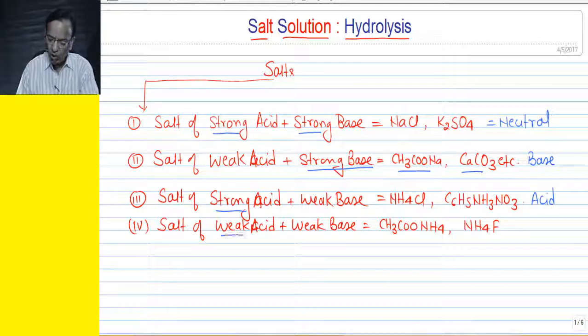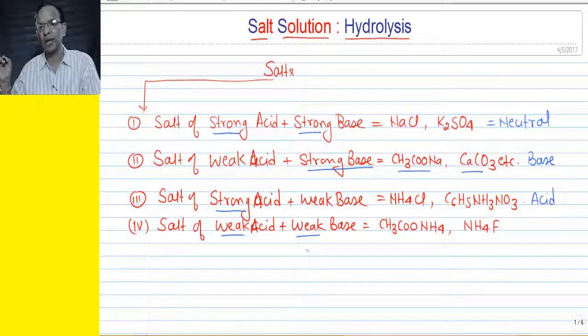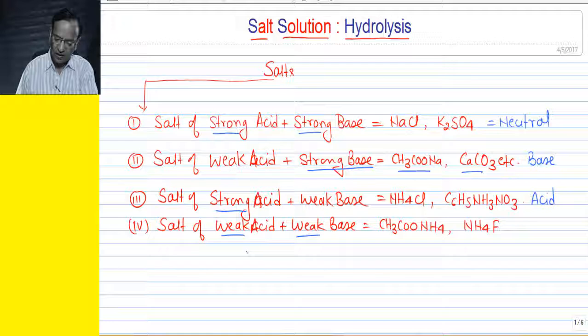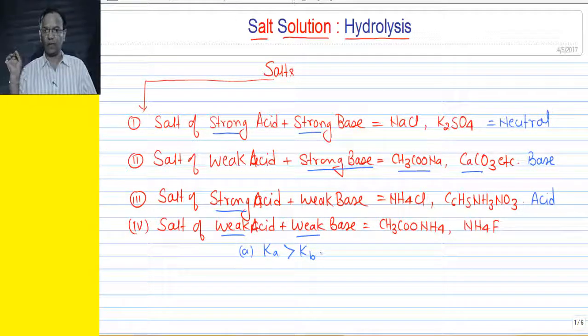Now both acid and base are weak. We cannot predict the nature of salt of this category directly unless we know the ionization constants of weak acid and weak base. So here we have two different cases. One, Ka greater than Kb, meaning the ionization constant of acid is greater than that of base.